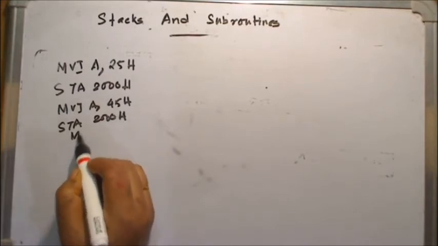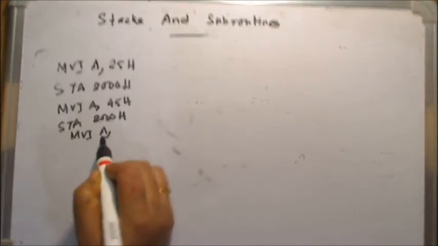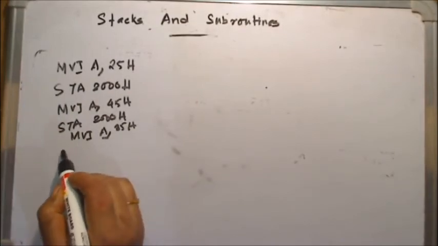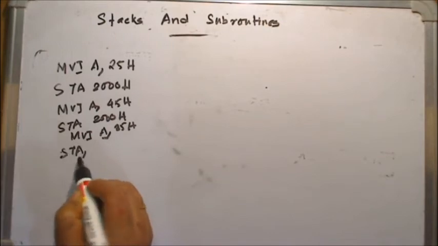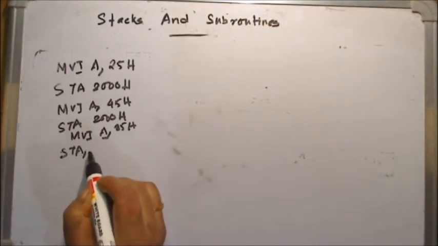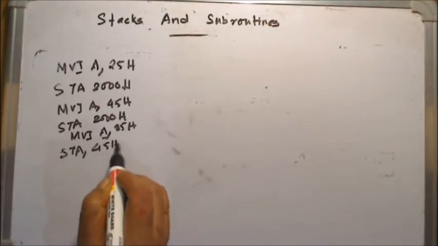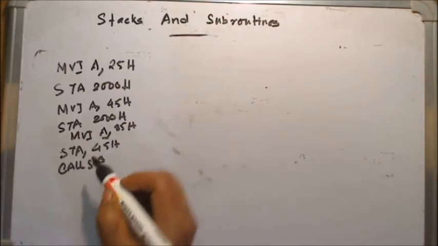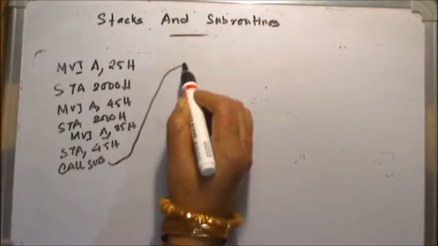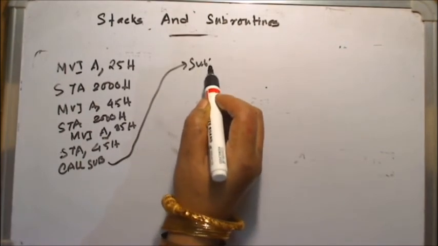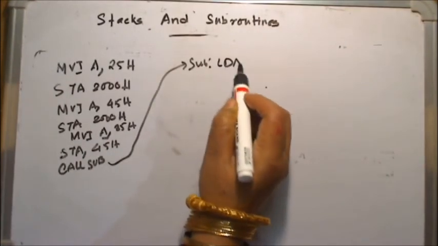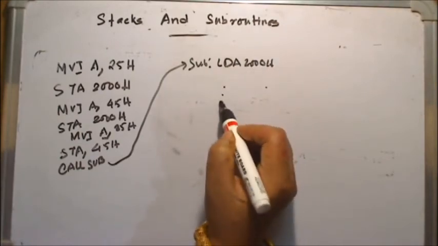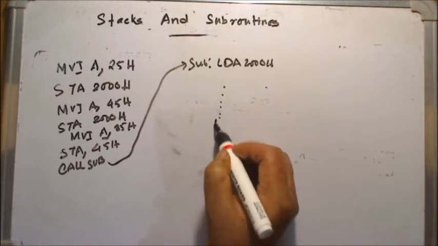Okay, then MVI A, 35H. Okay, then STA 2000H. Then call subroutine. Okay, call subroutine. We'll go to the subroutine. Okay, here it is written LDA 2000H. Okay, then return.